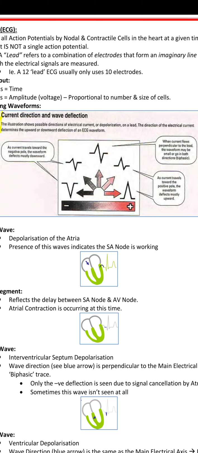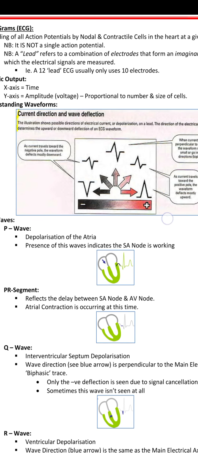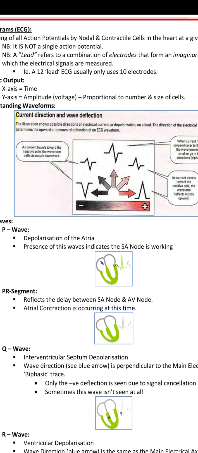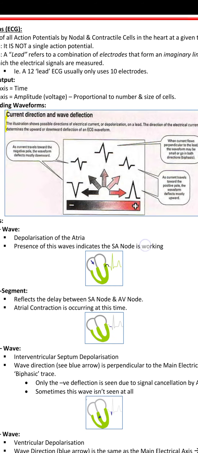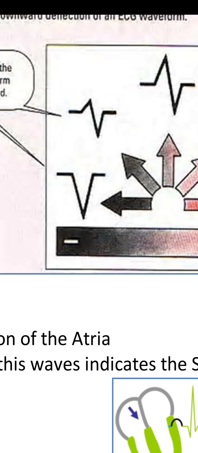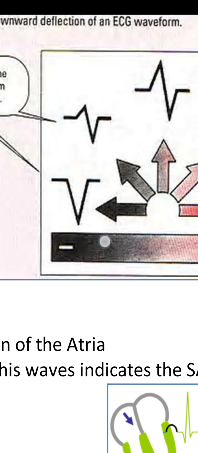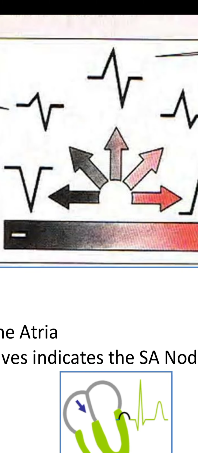The ECG waveform contains depolarization and repolarization. When the value is negative, as you can see in this picture, the deflection is downwards, and when it is positive, it goes upwards.